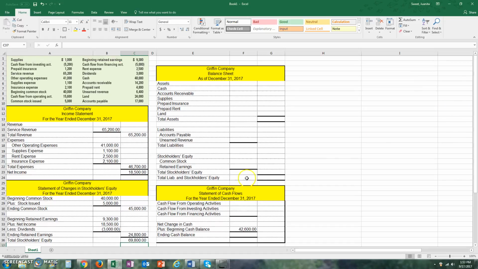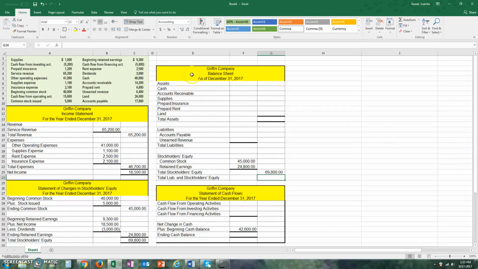Now I'm ready for the balance sheet. These numbers on the stockholders' equity account have to come over to my balance sheet. And remember, you're going to bring over the ending balances, not the beginning balances. Okay, now what do we have for assets?